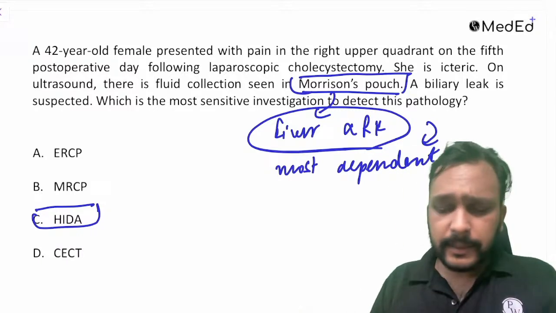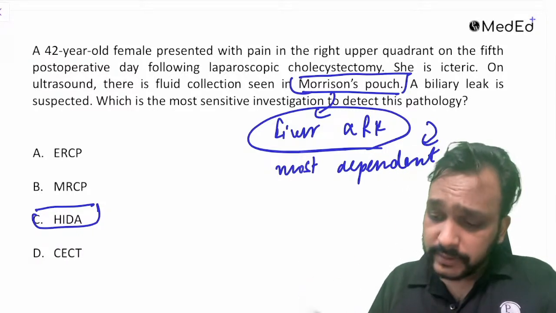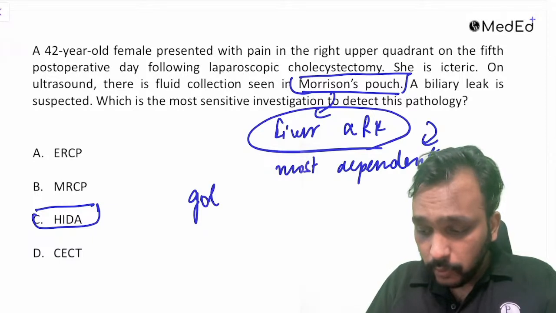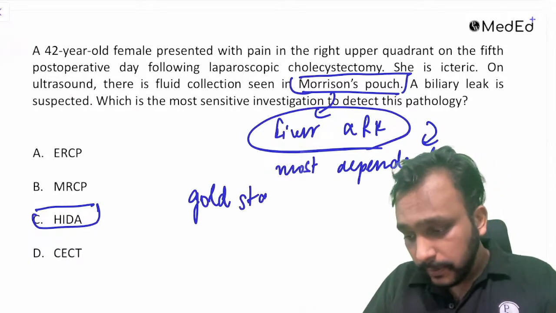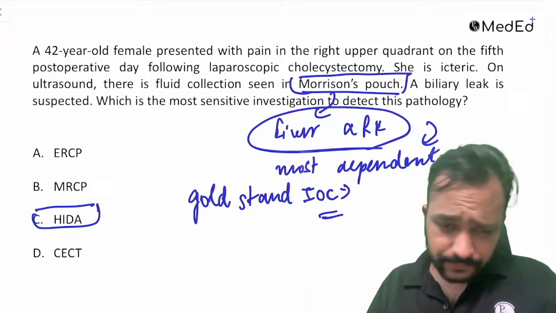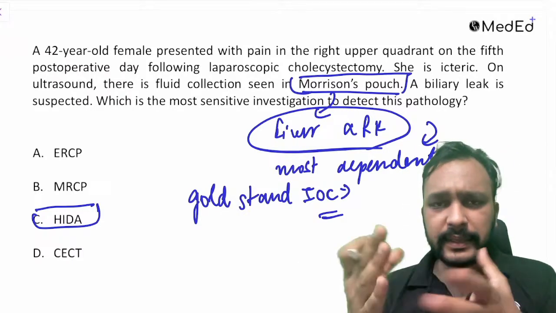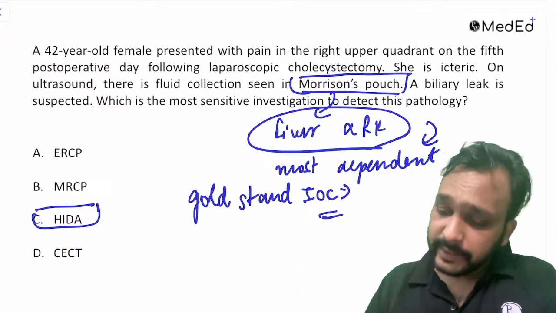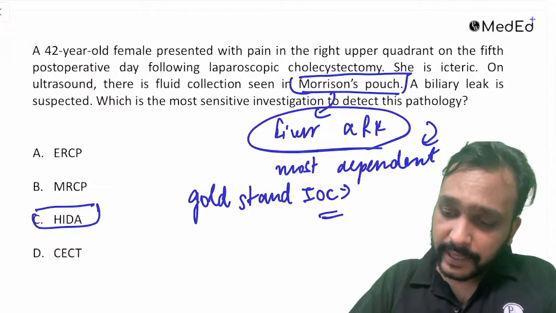For most of the biliary pathologies, the gold standard investigation of choice is HIDA scan. So what happens in HIDA scans? The patient is injected with a radio tracer agent, that is iminodiacetic acid.